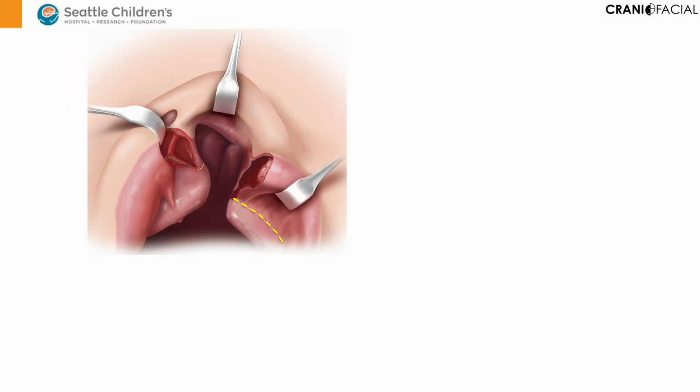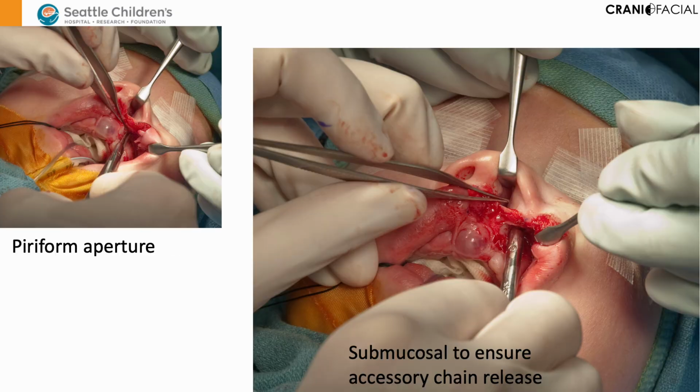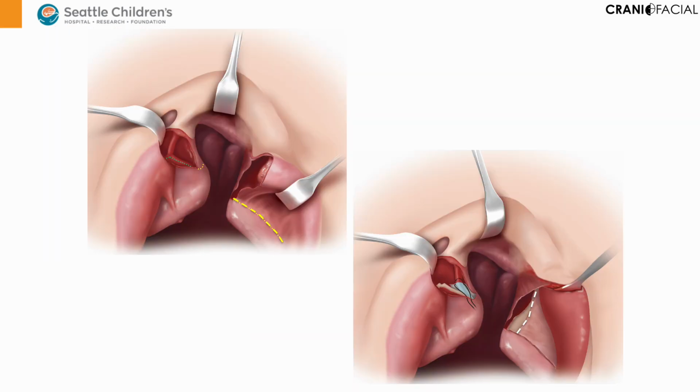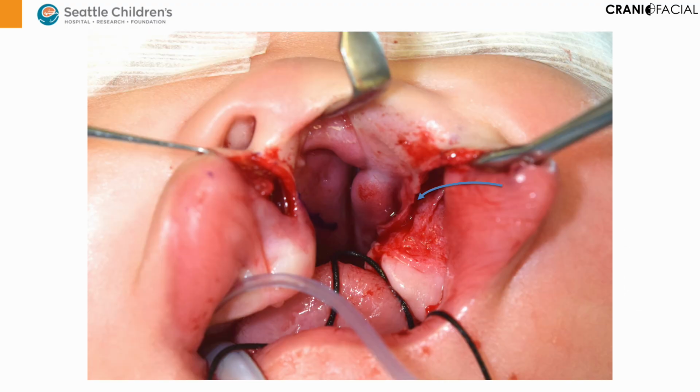a release of the upper buccal sulcus if needed, dissection along the piriform aperture if it's needed, and then if we need to, a transition in the plane from supraperiosteal to subperiosteal to enter the lateral nasal wall.